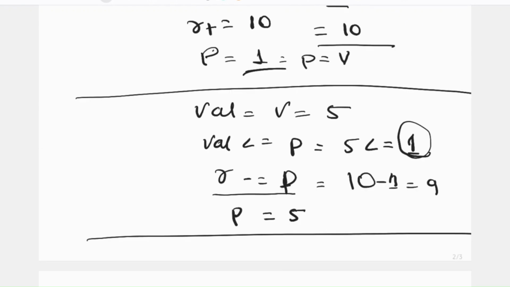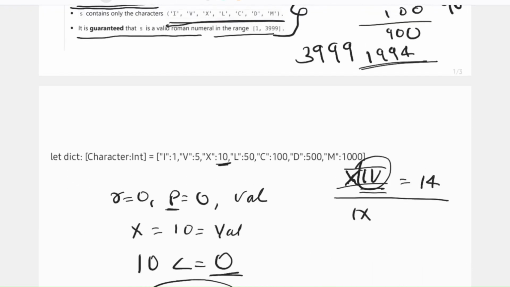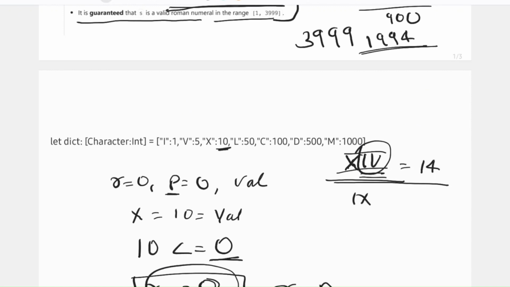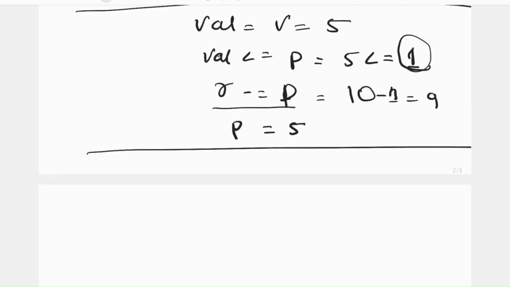In the next iteration we would go forward, but there is no next iteration because my value is x i v and we are done with all the values. So the loop is broken. If you see, this value p equal to 5 was never processed, right?